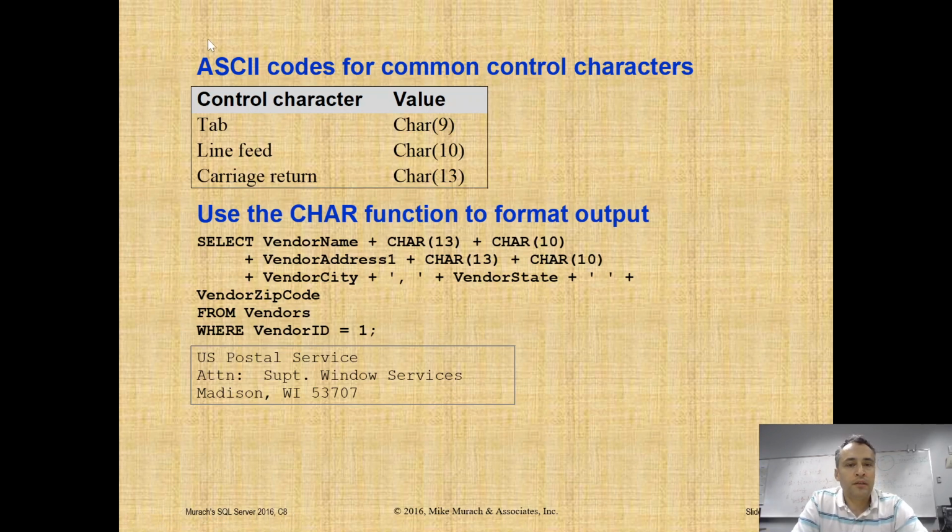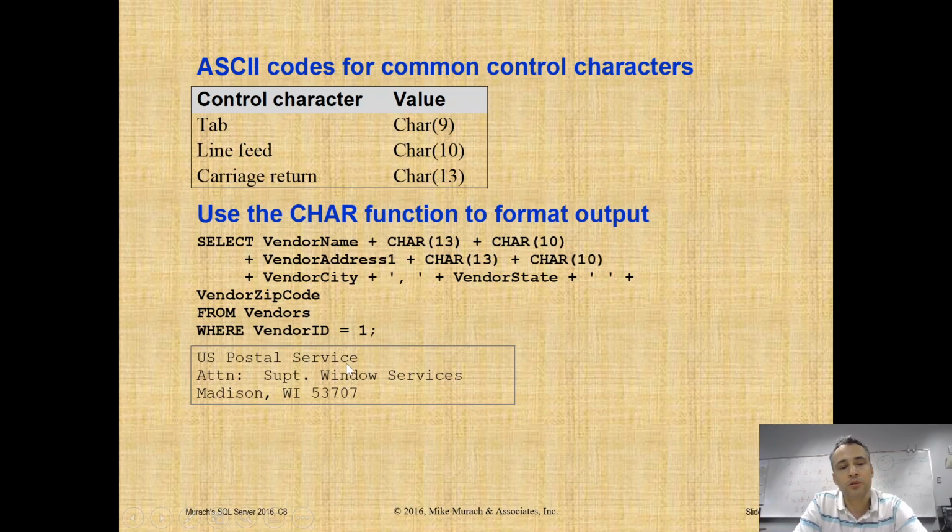All right, and ASCII codes for some control characters: tab is 9, line feed is 10, and carriage return is 13. So here, select vendor name plus character 13, character 10, vendor address 1, and so on. That is creating an entry on multiple lines. So character 10 basically does the new line.